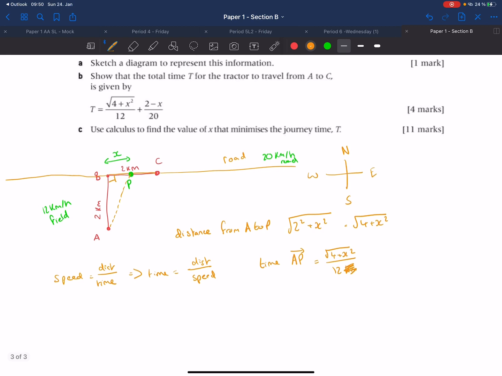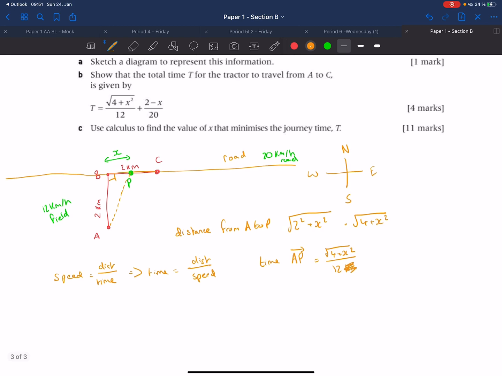And then the second part is looking at how long it takes to travel along this part here. So we need the distance again from P to C, and that is whatever is left over after the x. So 2 minus x makes a lot of sense. Distance from P to C is 2 minus x.